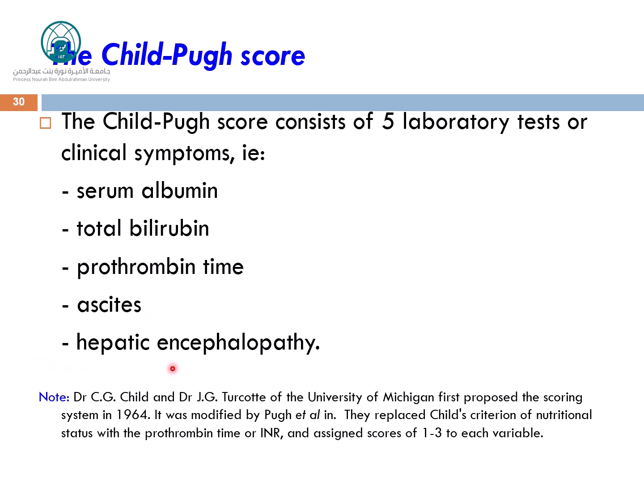So we have to determine these 5 laboratory tests and clinical signs. Child and Pugh are different scientists who proposed this scoring system for assessing the hepatic functionality.